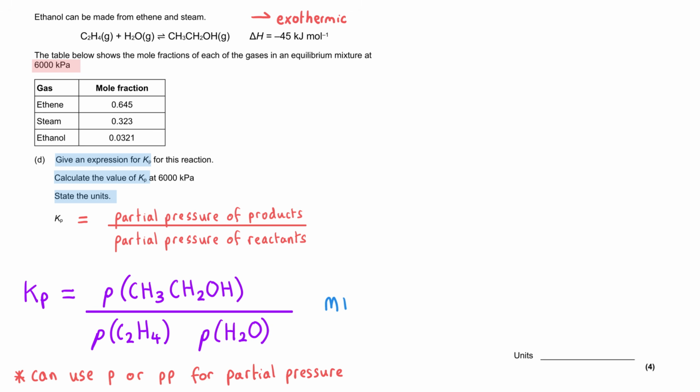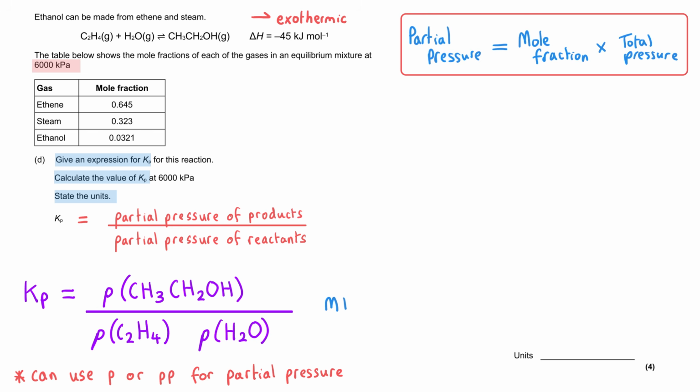So in our Kp expression, we might be writing the partial pressure of something squared. But if you do decide to use brackets, they must be round brackets for Kp and not square, because that's for Kc. And the next thing that we need to do is calculate the value of Kp using the expression that we've just written out. Now we need to note that the numbers that we substitute into the Kp expression have to be partial pressures, and right now we have mole fractions.